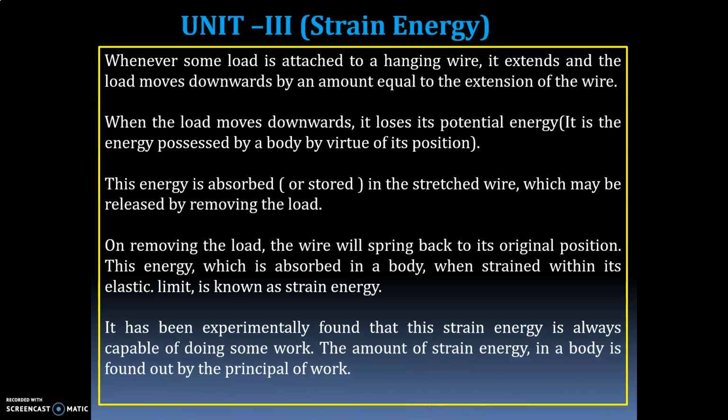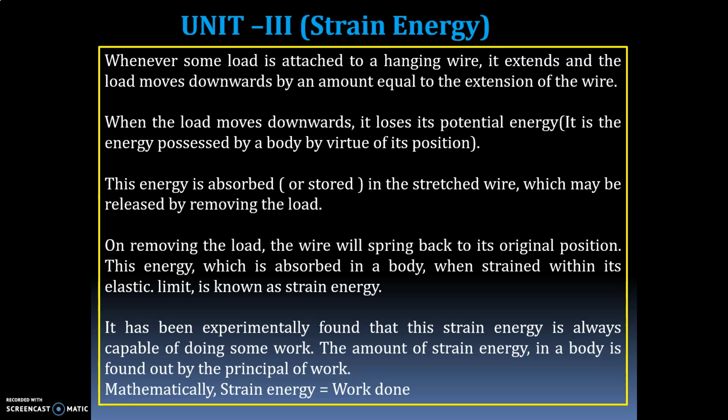Here it has been experimentally found that this strain energy is always capable of doing some work. The amount of strain energy in a body is found out by the principle of work. Mathematically, we can say that the strain energy is equal to work done.